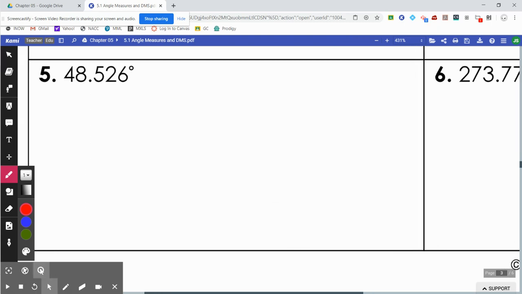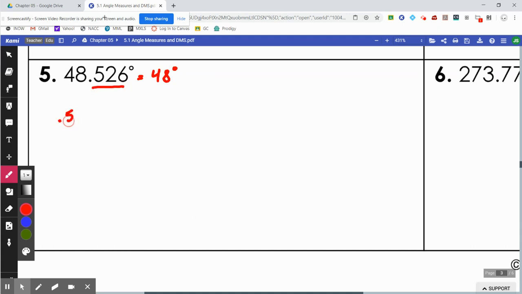Number 5, you have 48 full degrees, and then the leftover 0.526 of another degree, which is 60 minutes. When you multiply it, you get 31.56 minutes. So that would be 31 full minutes. And then we're going to take our 0.56, which is our leftover.